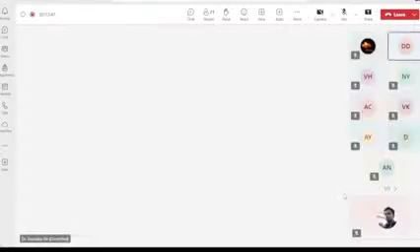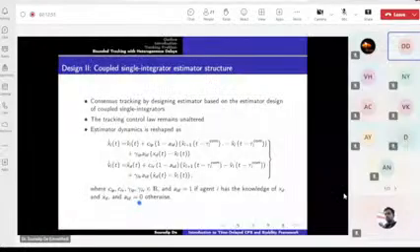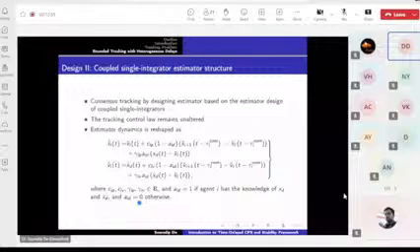You can have the Laplace transform, and after that you can find what should be the characteristic polynomial, and from that you can find what should be the delay margin.